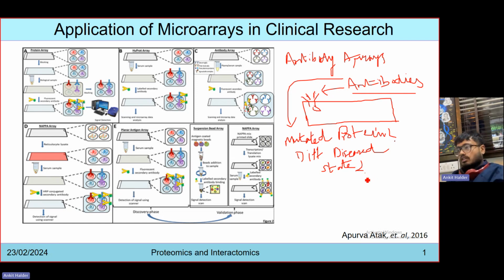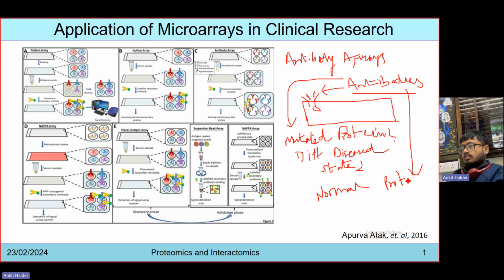Is it so? It is not. These antibodies are of normal proteins. Normal means of a healthy living person.